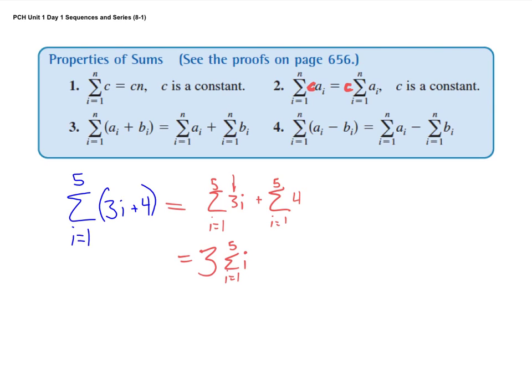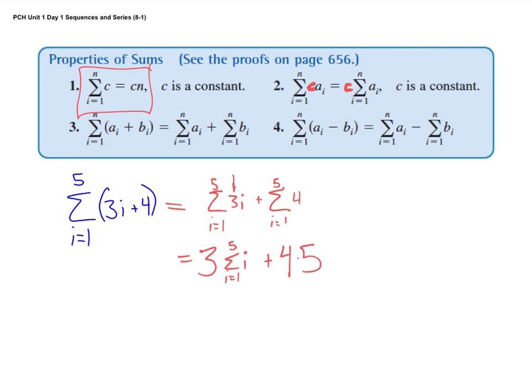And then if this is a constant 4, how could I rewrite that? 5 times 4. Yeah, that constant 4 times the n, 5.